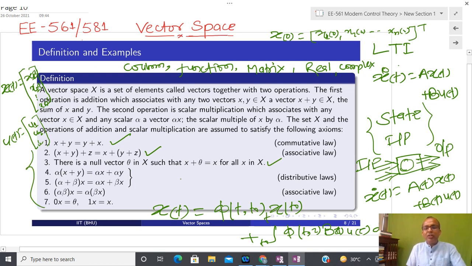So what a vector space actually gives us is a very elegant way to deal with different kinds of structure using the same platform. Let us first see the definition, and after that I will give you a specific example from each space: real number, complex number, matrix, function and column.